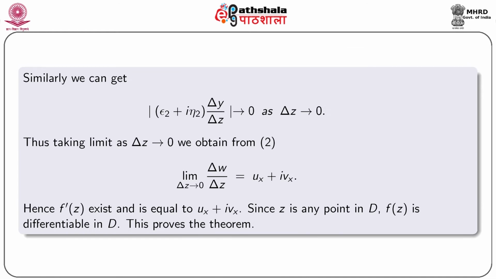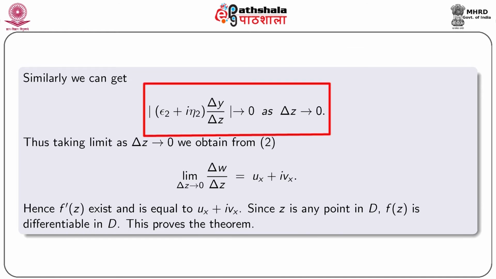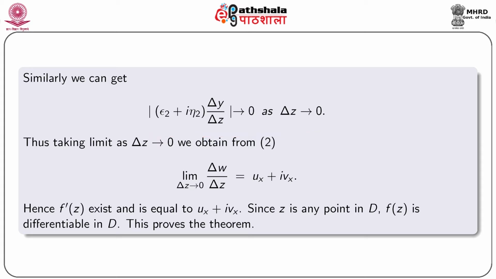Similarly, we can get modulus epsilon 2 plus i eta 2 into del y del z tending to 0 as del z tending to 0. Thus, taking the limit as del z tending to 0, we obtain from equation number 2, limit del z tending to 0 of del w by del z is equal to ux plus i into vx.